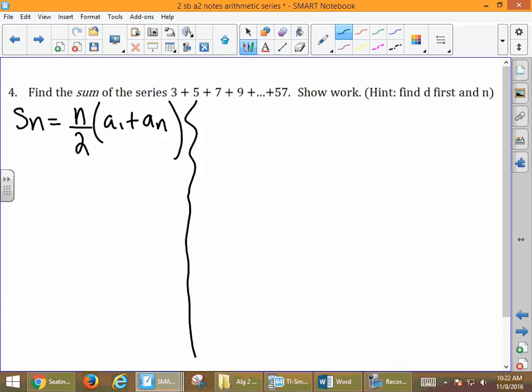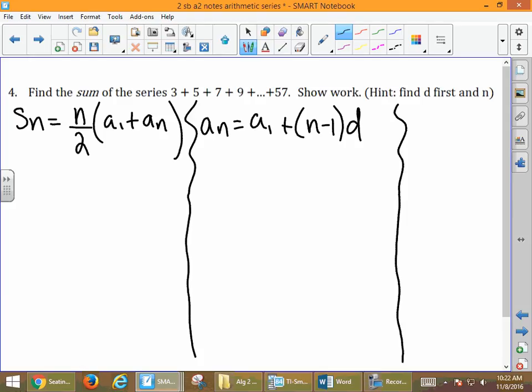Hint, find d and n first. We're going to have to use that formula so that when we figure out what n specifically is, then we can figure out what the sum of these are.